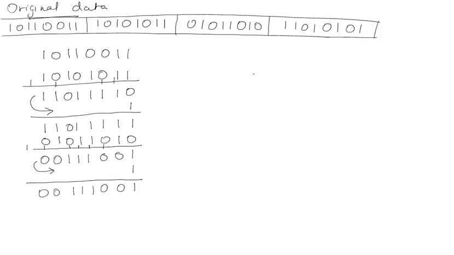Next we need to add the fourth segment, which is 1 1 0 1 0 1 0 1. Here 1 plus 1 is 0 with a carry of 1. Again we get 1 here. This is 1, this is also 1.